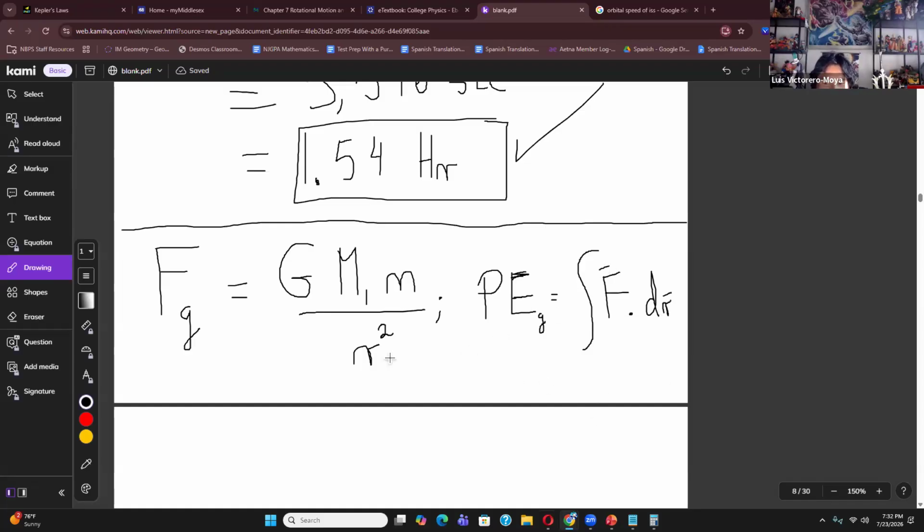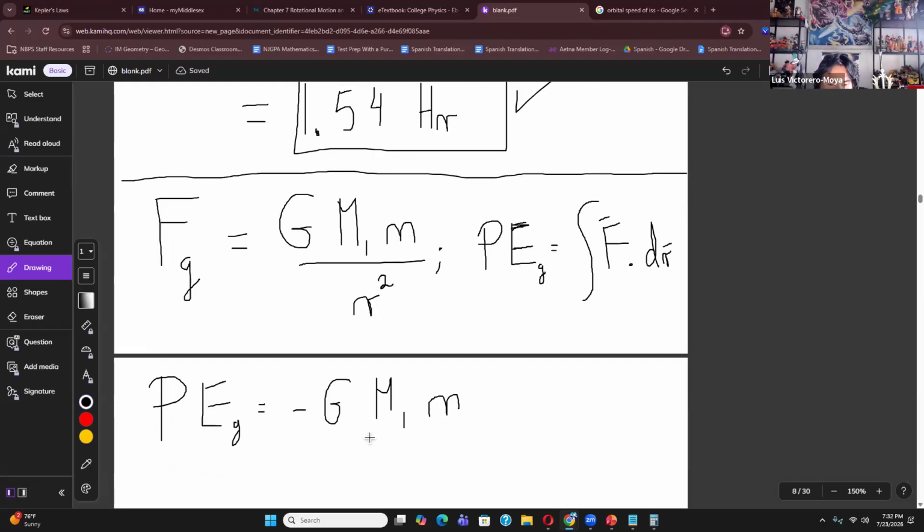It's a dot product. So if you do the integration, you get gravitational potential energy equals negative G M1 M over R. That's where it comes from.